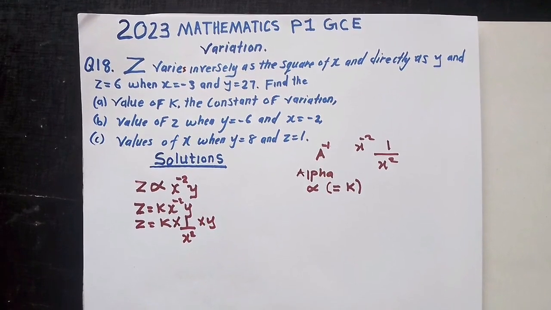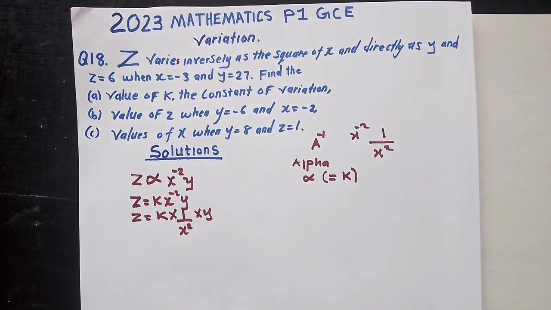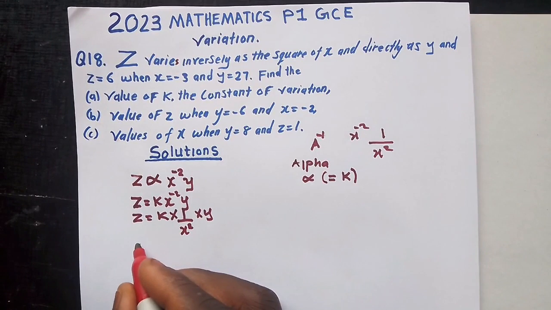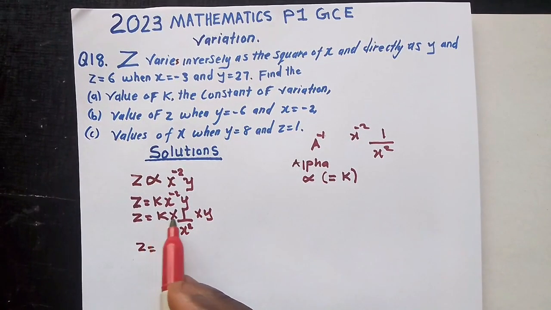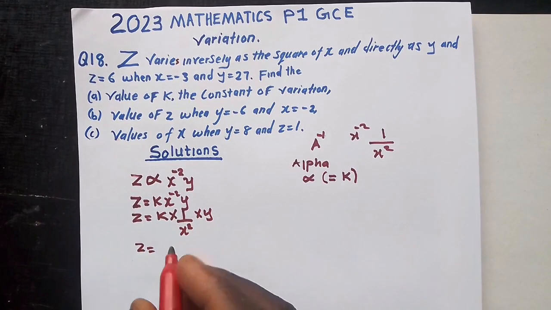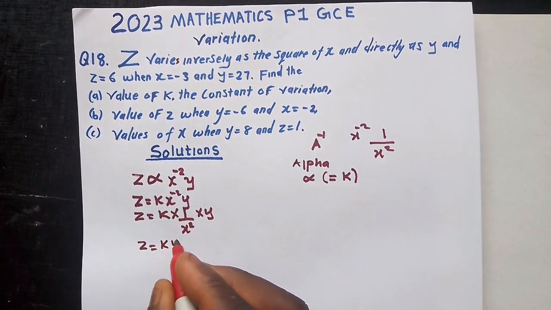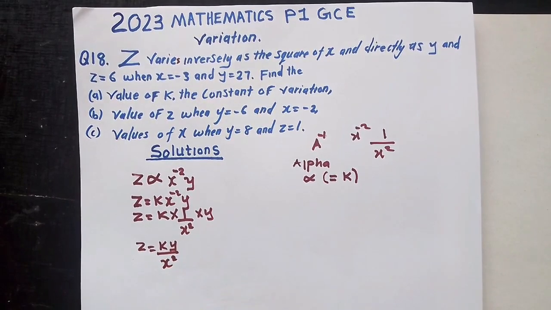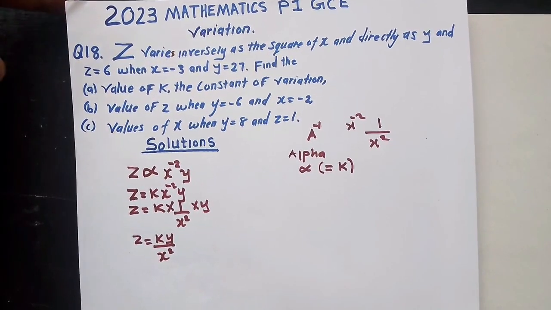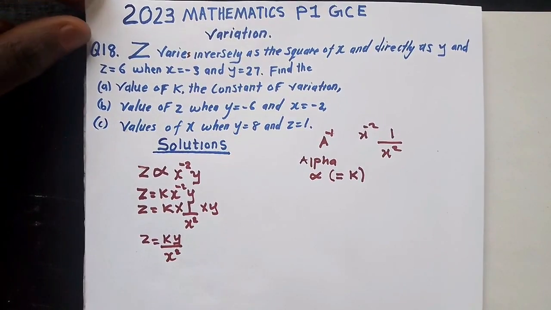So this one is just an explanation. When you go in an exam, just go direct to an answer. So z is equal to k multiplied by 1 multiplied by y. I'm going to get k y over x to the power 2. Okay. So now let's try to find the values.